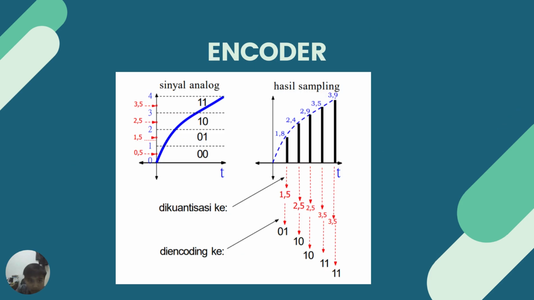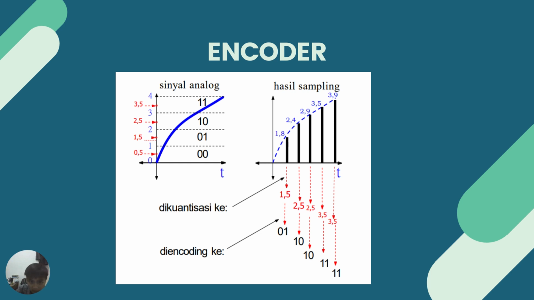Okay, next ones. So this is the encoder and the process of the encoder. The first one is the analog signal, and this is sampled first. As you can see previously, after the sampling there are decimal values. This is still continuous, or still analog.